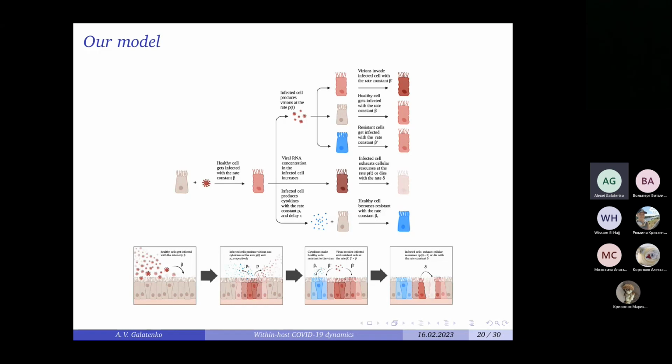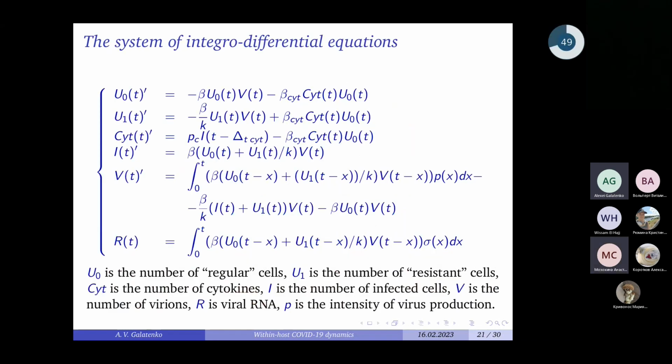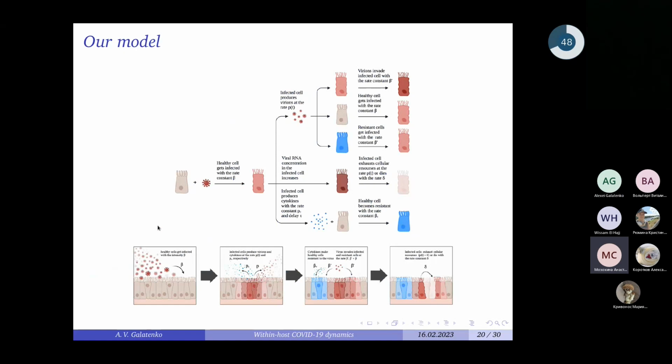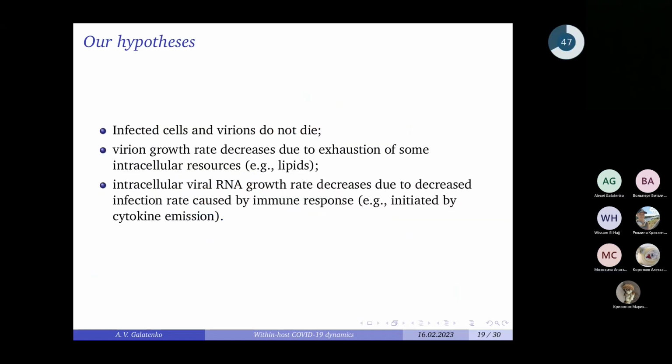Let us switch to the... Excuse me. Yeah. Could we return back to the previous slide, and one more back? I didn't understand well about the virion growth rate decreases due to exhaustion of some intracellular resources. Do you mean that there is exhaustion of resources of infected cells? Exactly.